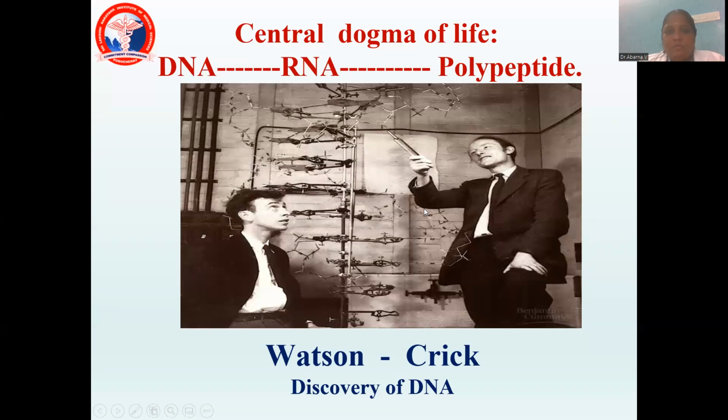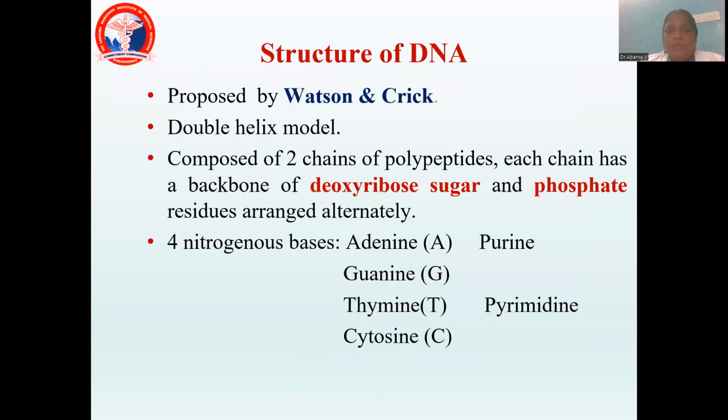Every one of us knows the central dogma of life: DNA is transcribed to RNA and translated into polypeptide. It was discovered by Watson and Crick. The basic structure of DNA was proposed by Watson and Crick. It is a double helix model composed of two polynucleotide chains.